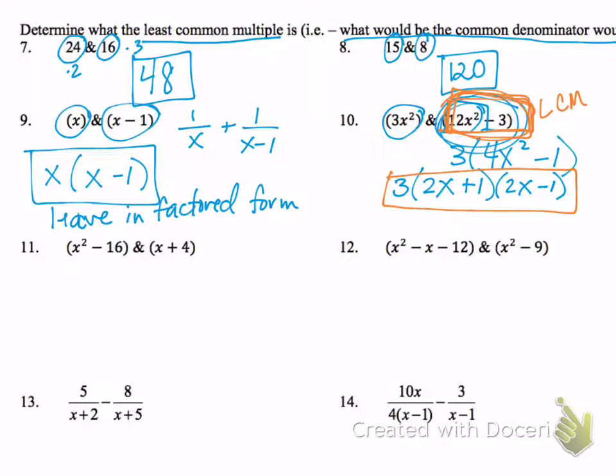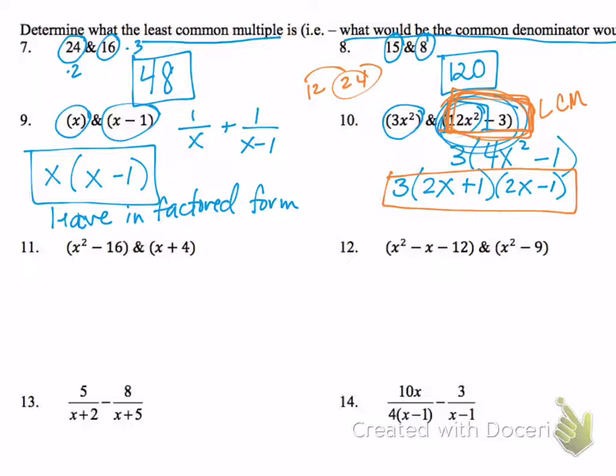I just simplified it, because the 3x squared goes into 12x squared. So since it goes into it, it would work. It would be like having 12 and 24. The 12 goes into 24, so my least common multiple is 24. Does that kind of make sense? Since the left side goes into the right side, it's contained in it, so therefore the 24 is my least common multiple.